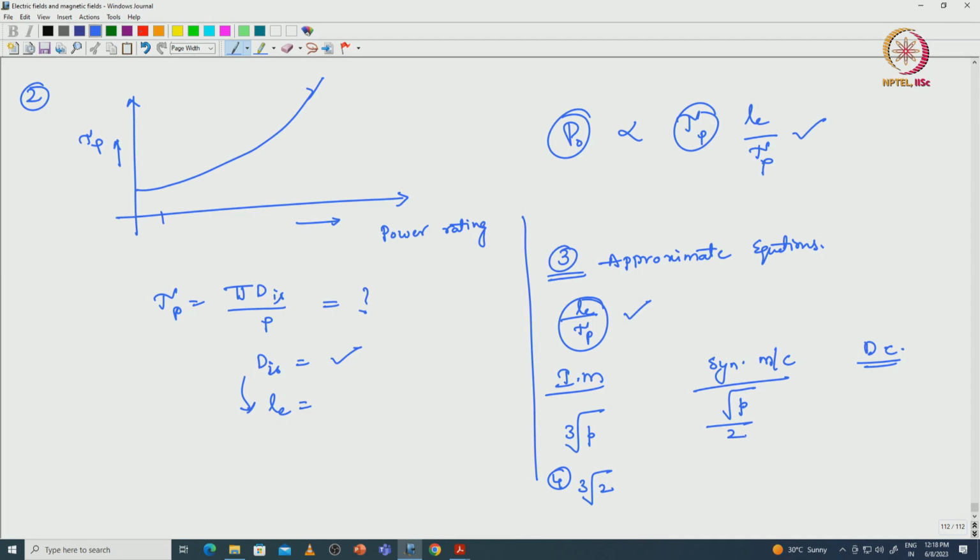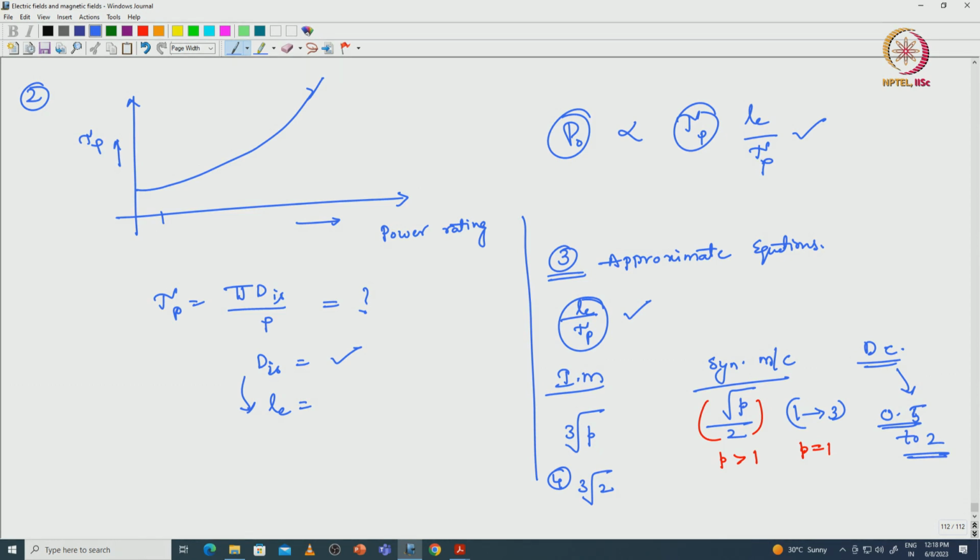This equation is valid for pole pairs greater than 1. If pole pairs equals 1, then the aspect ratio will vary from 1 to 3, a constant number. And for DC machines the aspect ratio will vary from 0.5 to 2. In this range we can select the aspect ratio and then start doing the design.